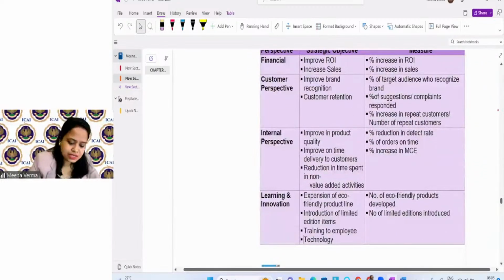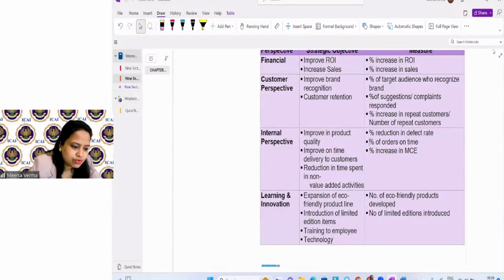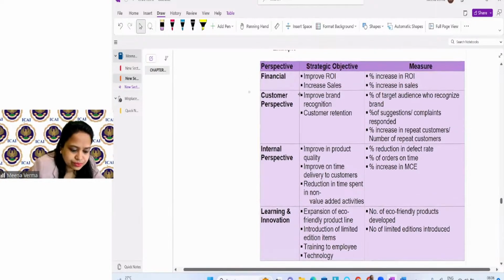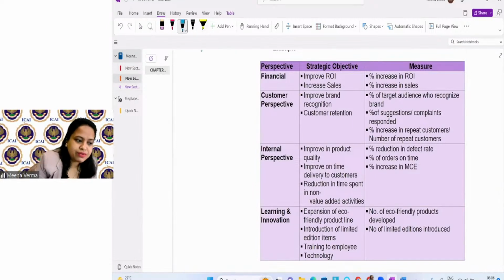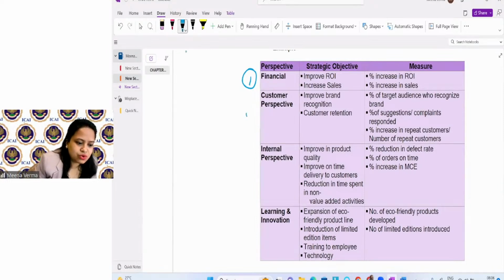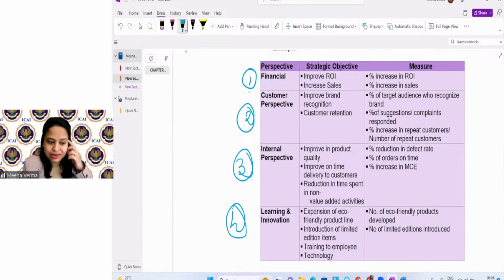These are your financial and non-financial goals. We have just studied that we cover these 4 things here in case of the balanced scorecard.